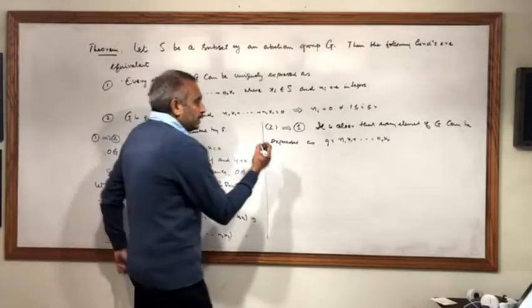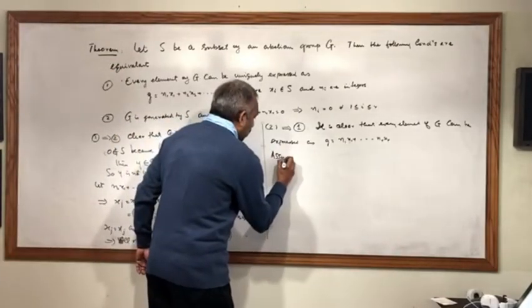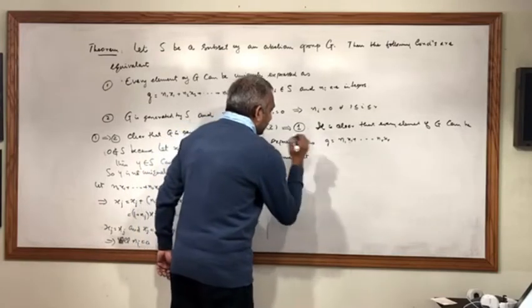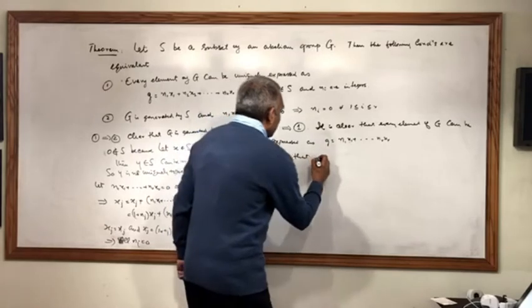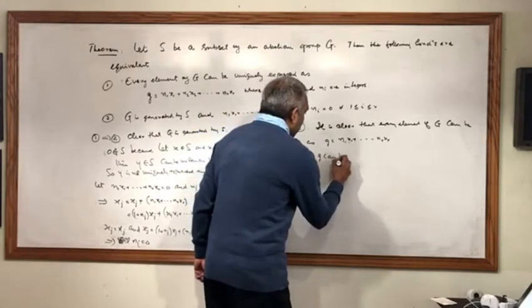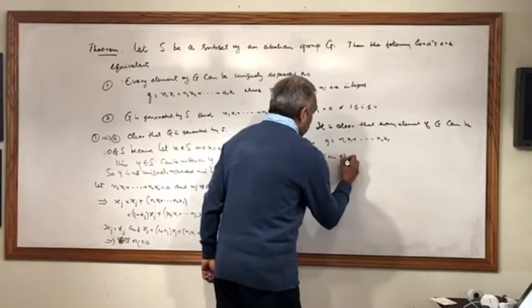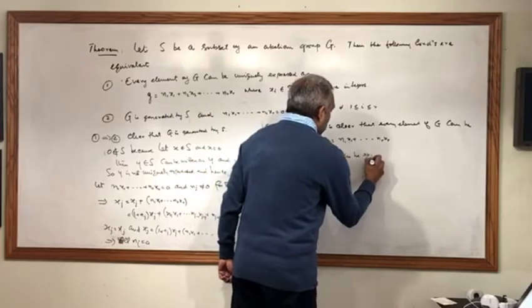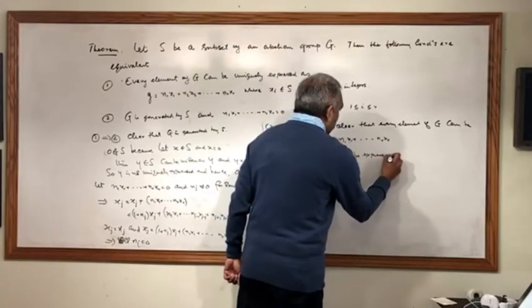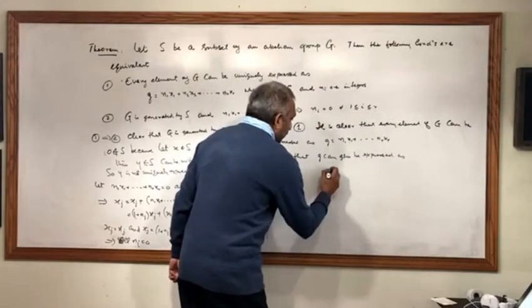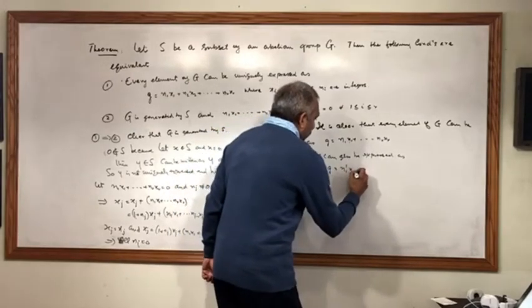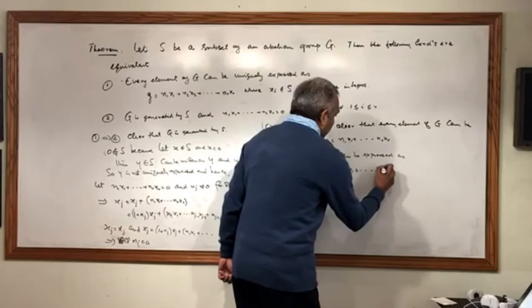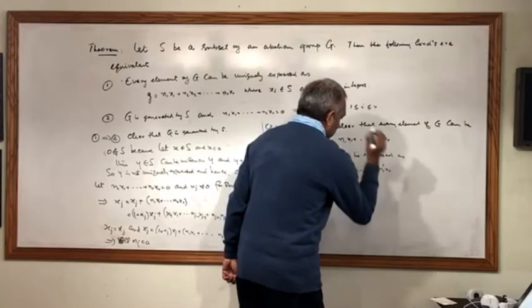So let us assume that g can also be expressed as g is equal to n1'x1 plus ... plus nr'xr.